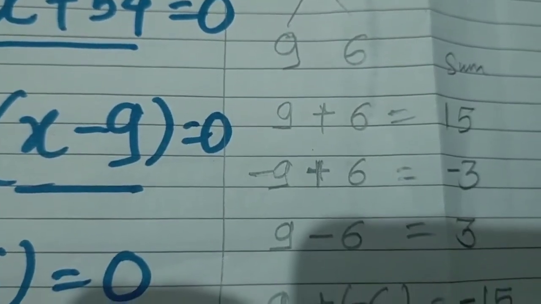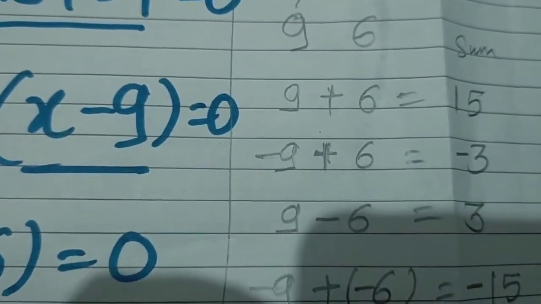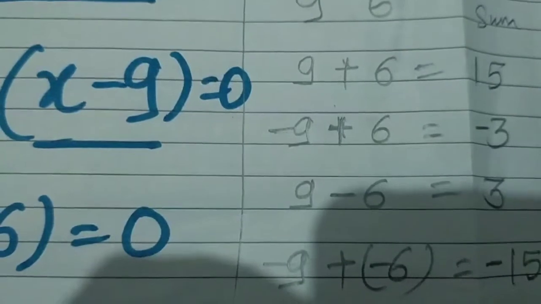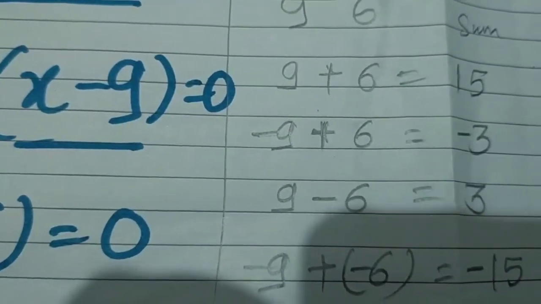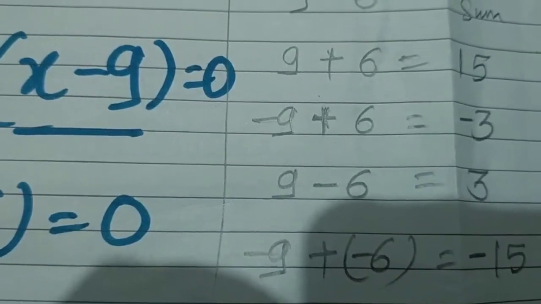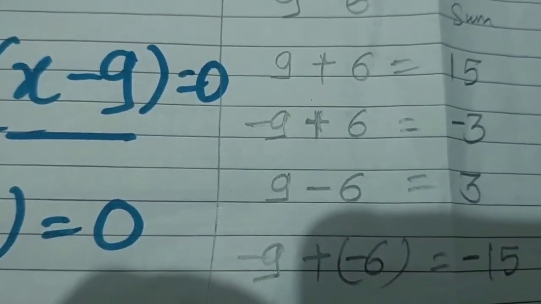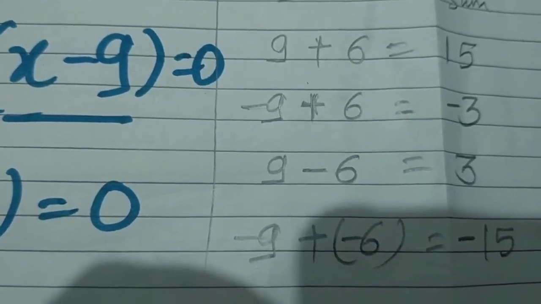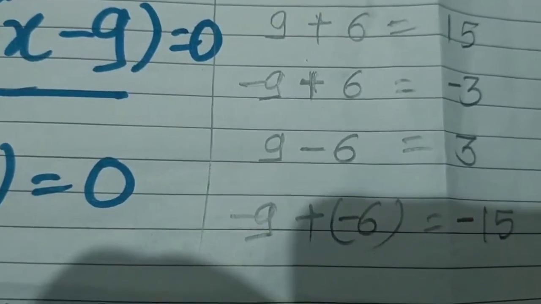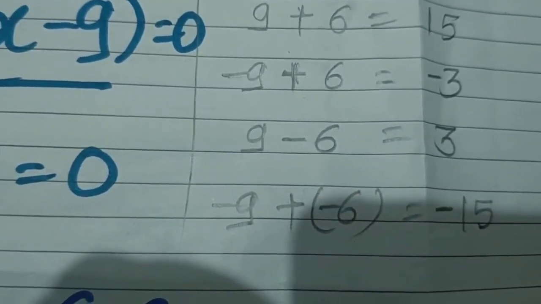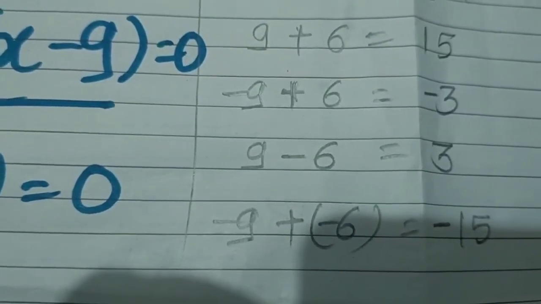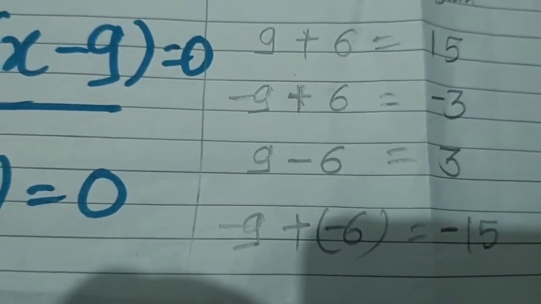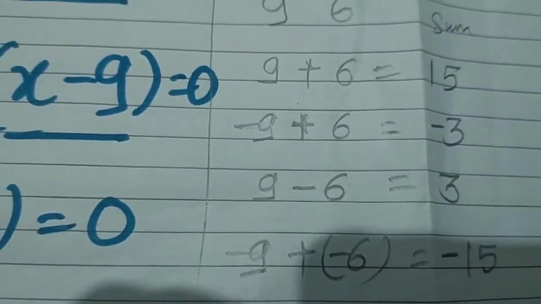Next, if we change the signs, to 9 positive and to 6 negative, then 9 minus 6 is equal to 3. And when we give negative signs to both these numbers, we get the sum equal to minus 15, and that's why we can take these two numbers here.